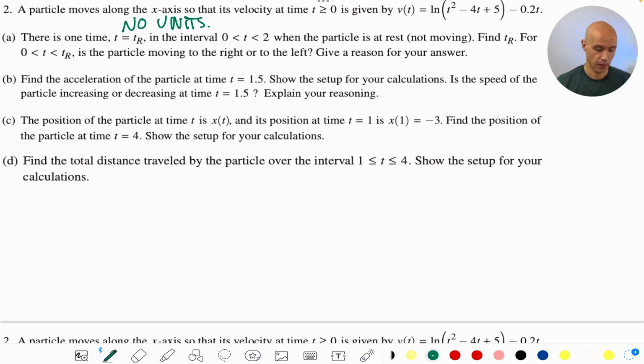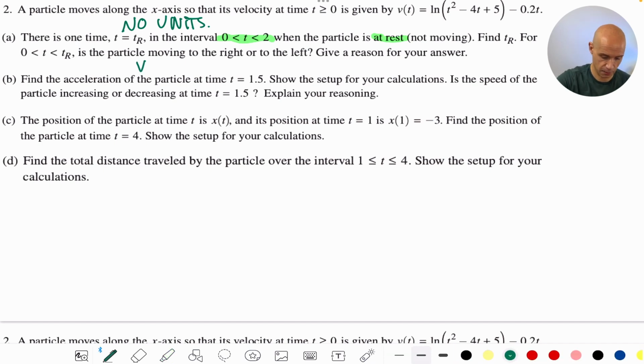So let's see. There is one time t equal to r in this interval, so that's something that we have to pay attention to, when the particle is at rest, so it's not moving. This basically means when the speed is 0, right? So we will have to solve that with Desmos or a calculator and just get it.